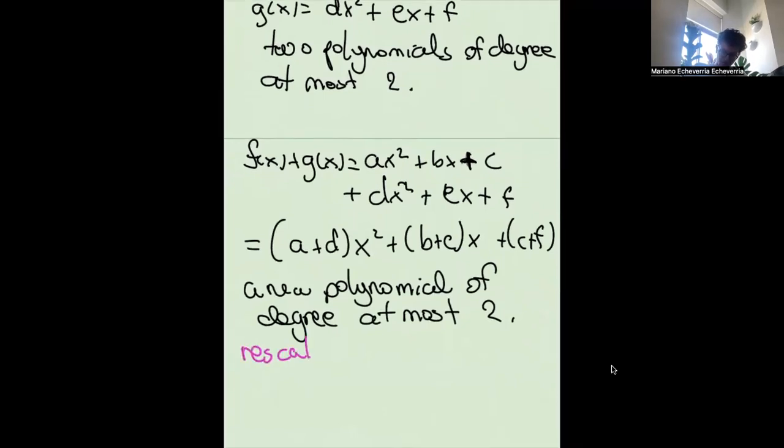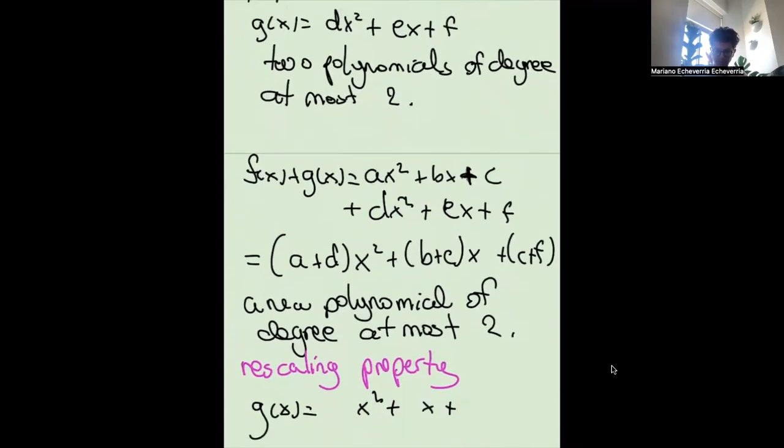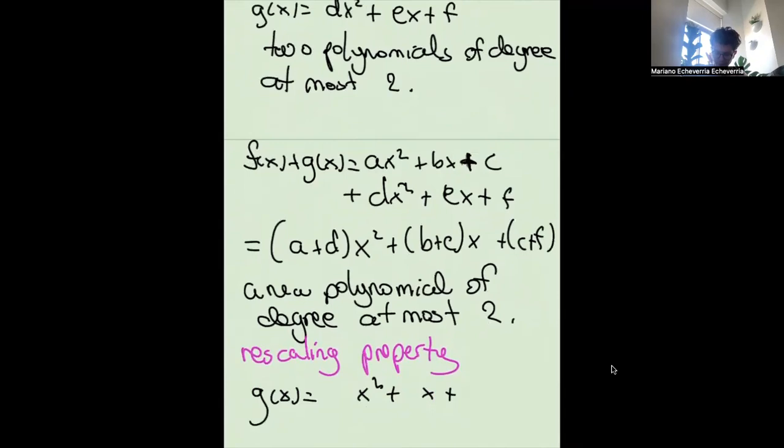But if you also take the rescaling property, what is the rescaling property? Well, now you take a polynomial of degree 2. I have to use a different letter here, otherwise it will be a little bit confusing. Let's call it g. So just keep using g with d, e, f.